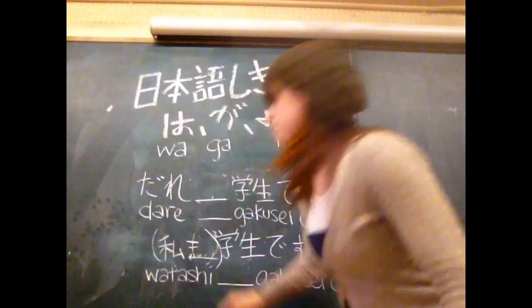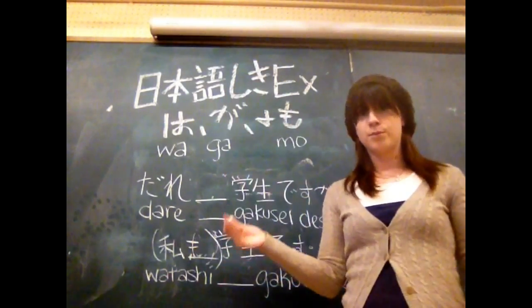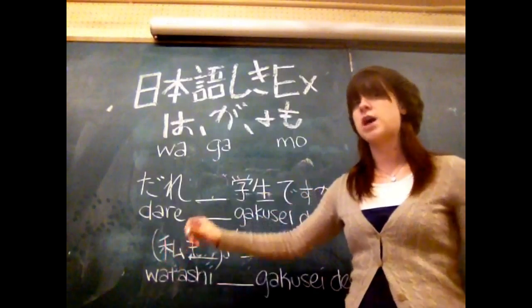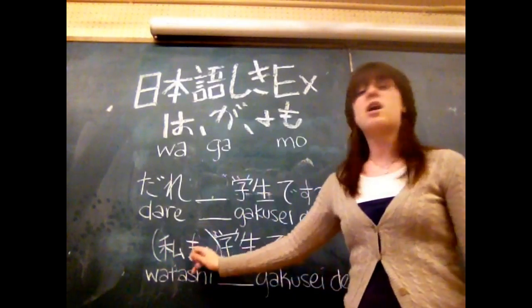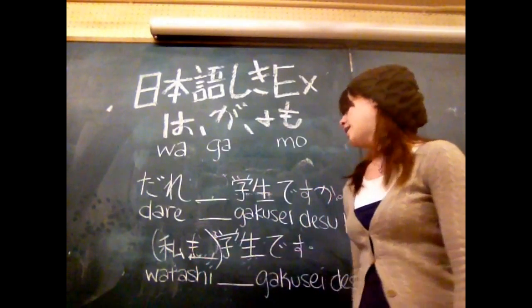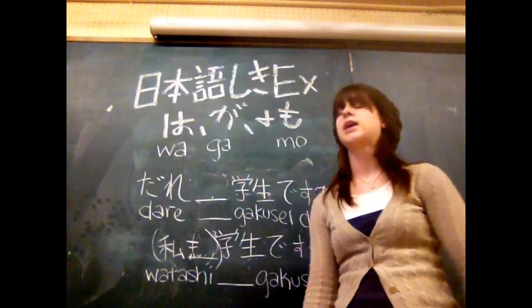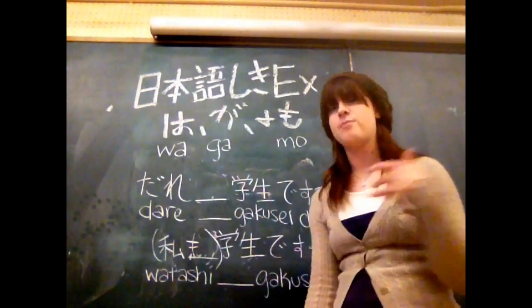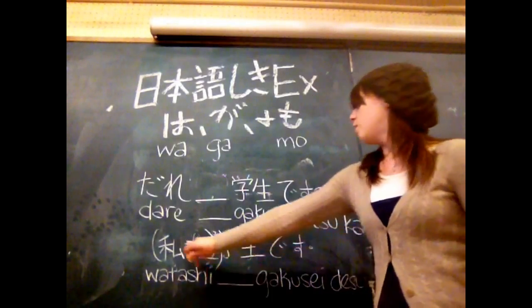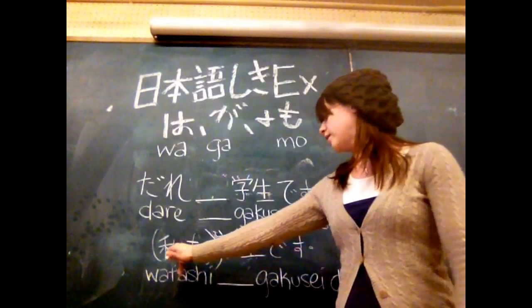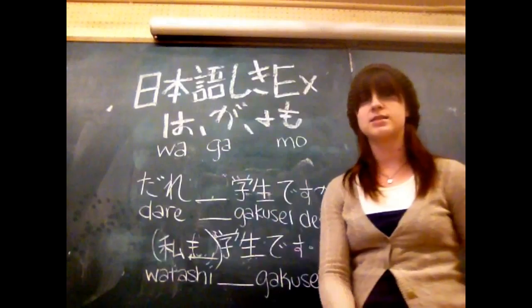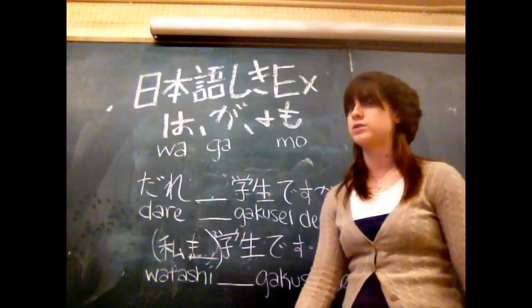So this mo is used for also. It means that whatever topic, subject, whatever we're talking about, this is also a thing. So like, watashi mo gakusei desu. If you've said, I'm a student, I can say, watashi mo. Like, yeah, me too. In a full sentence, this would read watashi mo gakusei desu, or I am also a student.